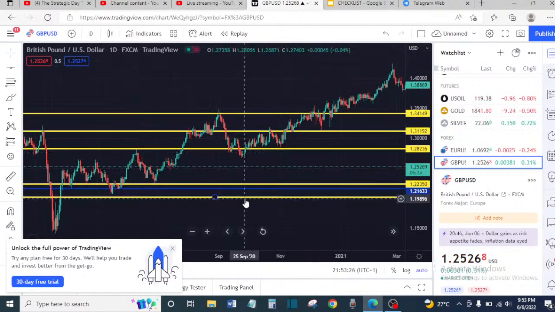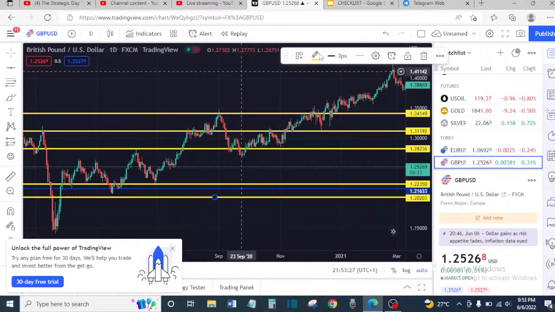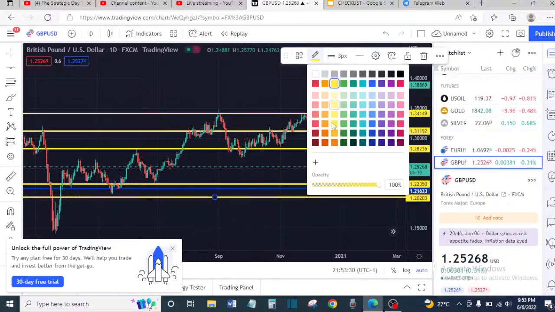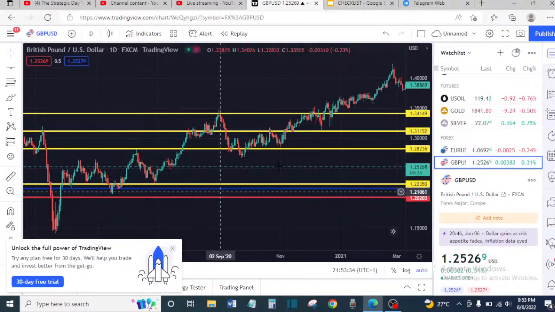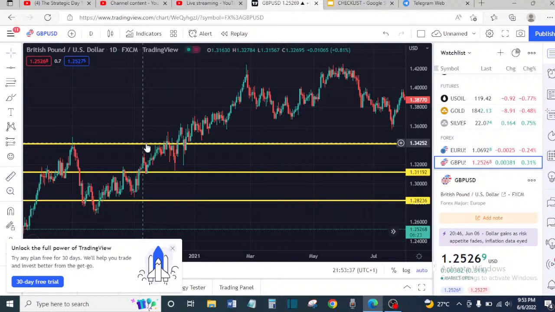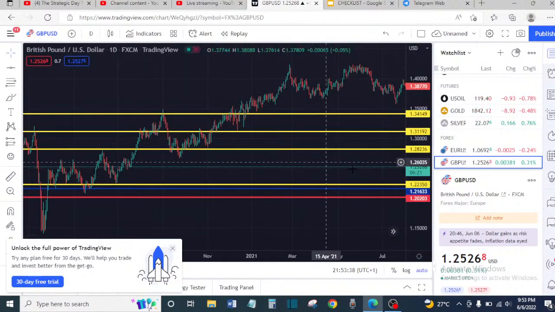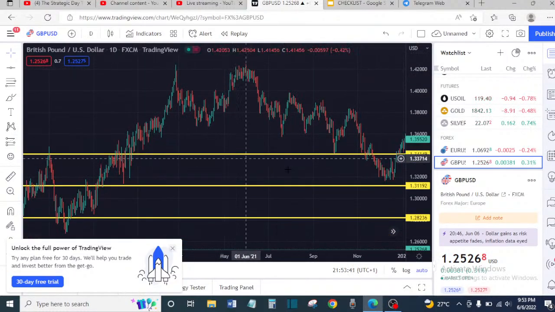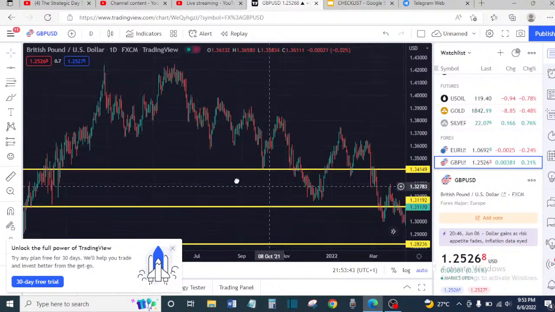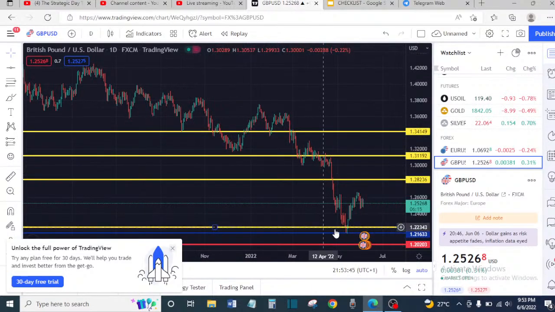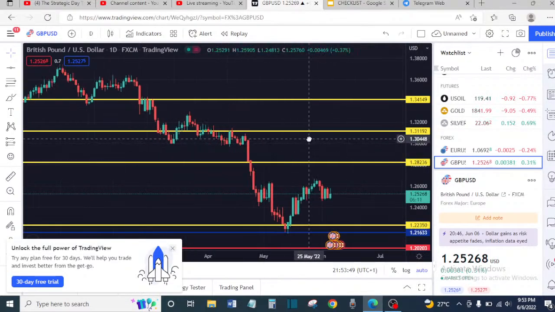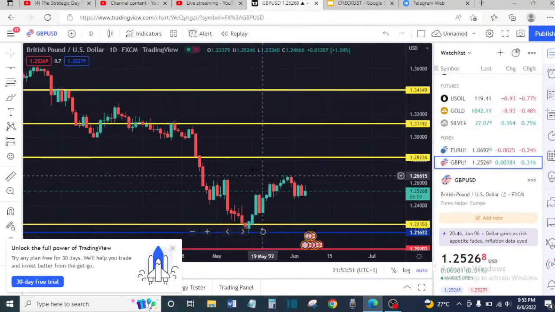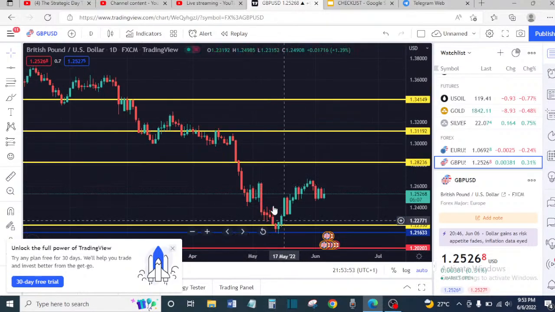Let's change this color to red, so I can recognize that. So our entry, normally I use 4-hour charts, but I think this daily chart is clean enough to use.